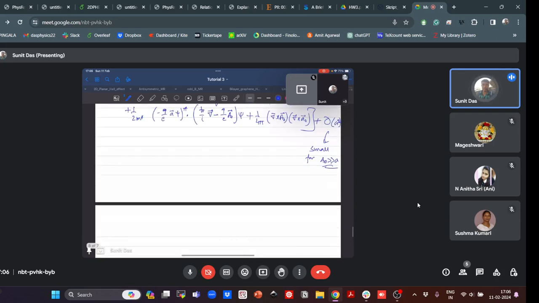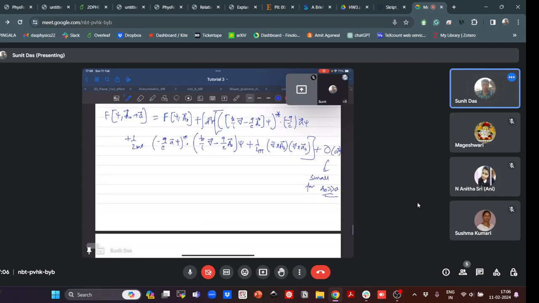So this can be rewritten as follows. This calculation has to be done in a bit careful way. It is purely straightforward, but a lot of terms are there.